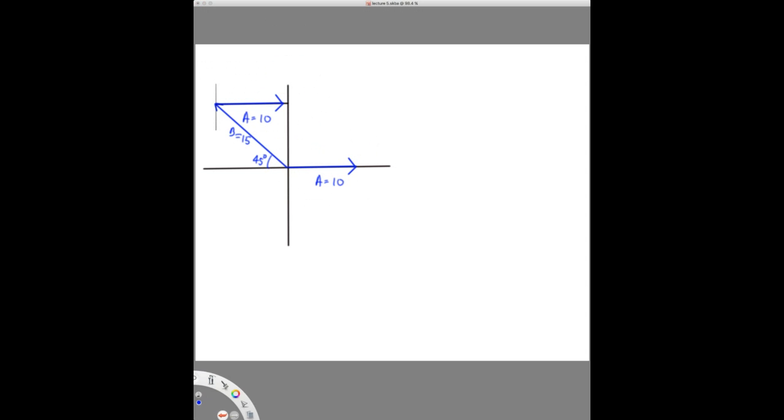And then the sum of A plus B is a vector that goes from the origin to the end point, if I walk along vector B and then walk along vector A. So we often call the sum in our problems R. If you look in the book, R stands for resultant.